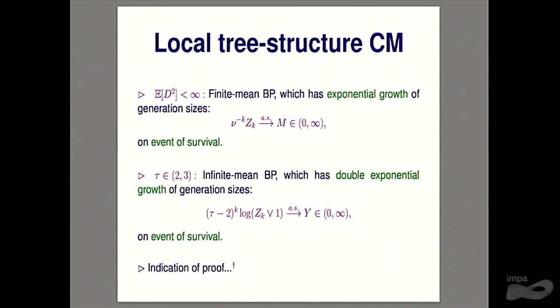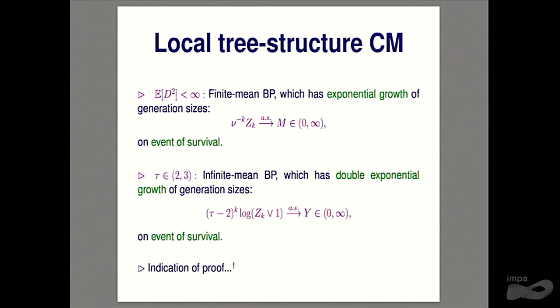Okay? If I have a branching process with a finite mean, I actually know, well, you need one condition more, an x log x condition, but let's forget about that. We know that the generation sizes grow exponentially in k. So this is the mean offspring of my branching process, which is larger than 1. I raise that to the power minus k.